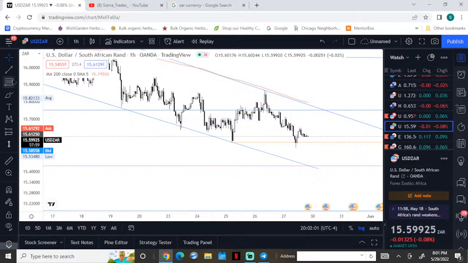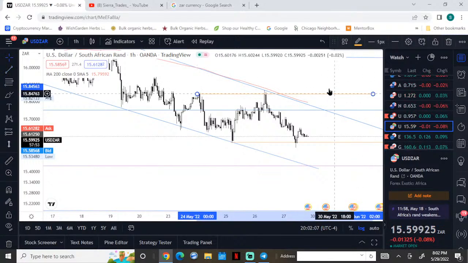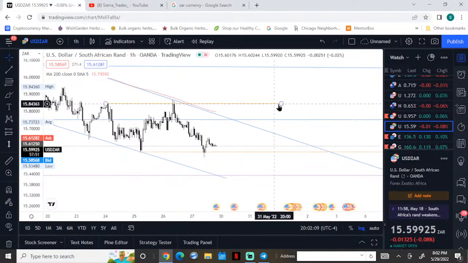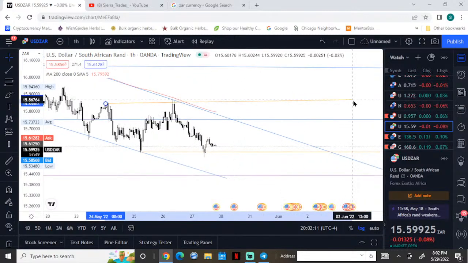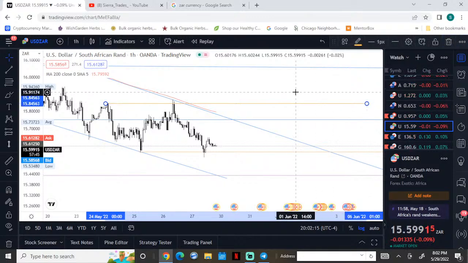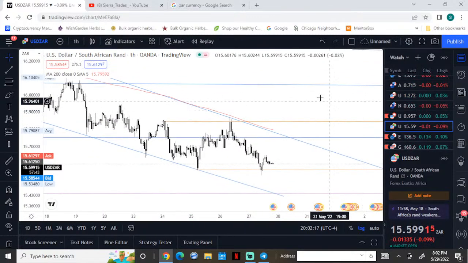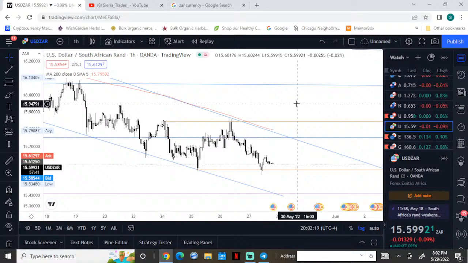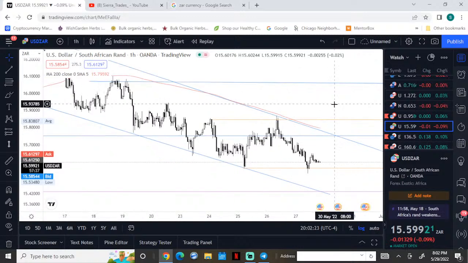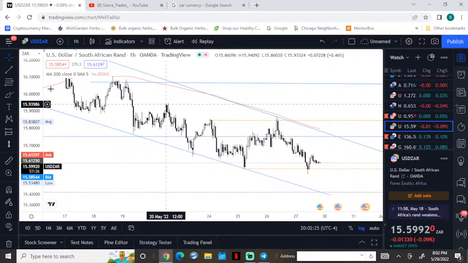And right there. I'm gonna mark this area right here.